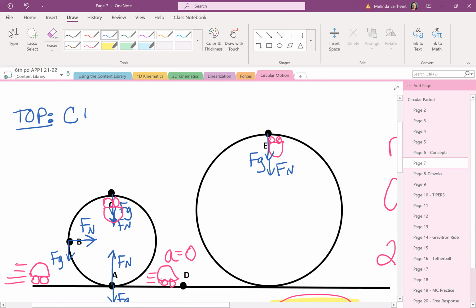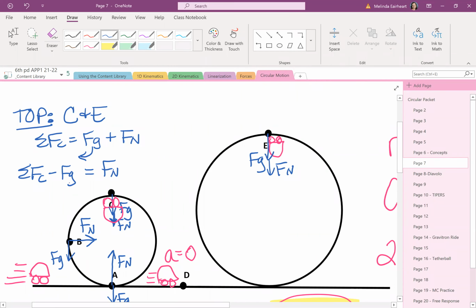So this is for C and E. And so sum the center-seeking forces. It's going to be gravity and normal force. And we're doing this to find something out about normal force. So maybe I isolate normal by subtracting the weight to the other side. And so Fn would be F net C minus Fg.